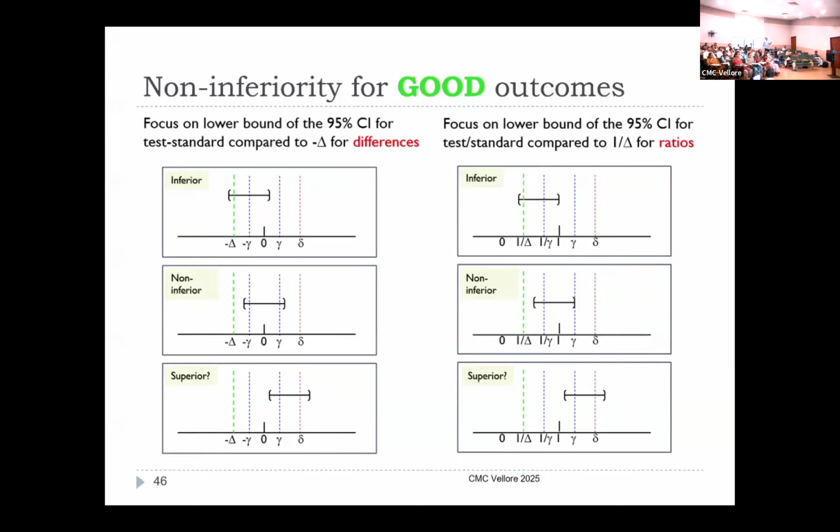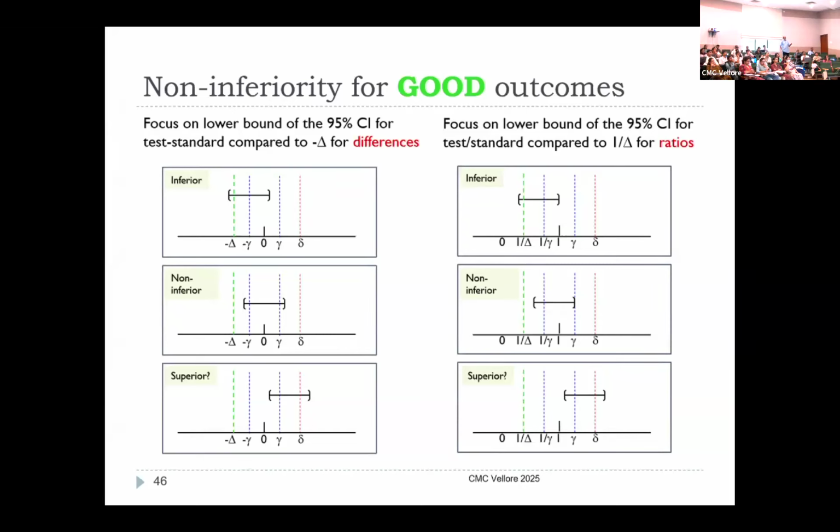So for good outcomes, inferior would be if your confidence interval is going beyond your minus delta for the non-inferiority margin. Non-inferior would be if the lower bound is above that. And if you're lucky enough that your confidence interval is above 0, you could say, oh, it's better than that.